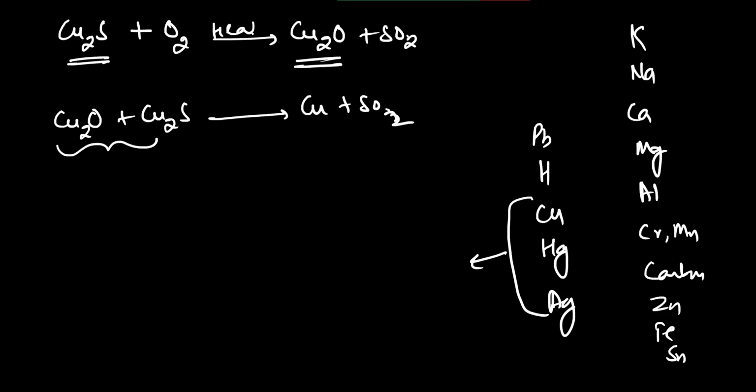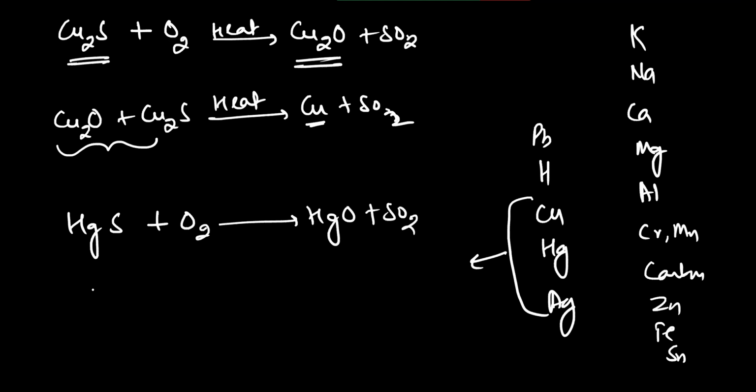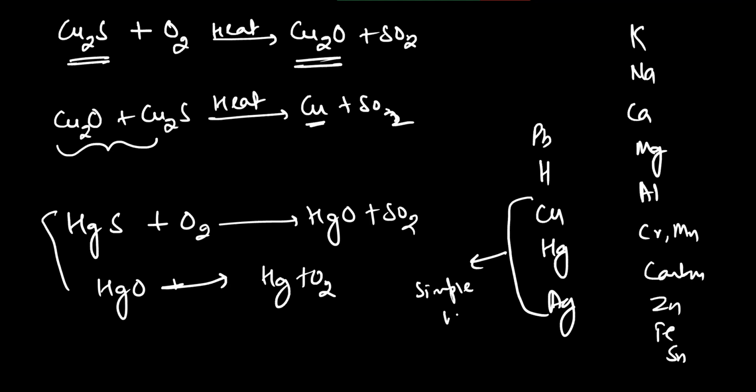Similarly, HgS plus O2 gives you HgO plus SO2, and if you further heat HgO, it gives you Hg plus O2. So by simple heating or simple roasting, we can get the metal from these.